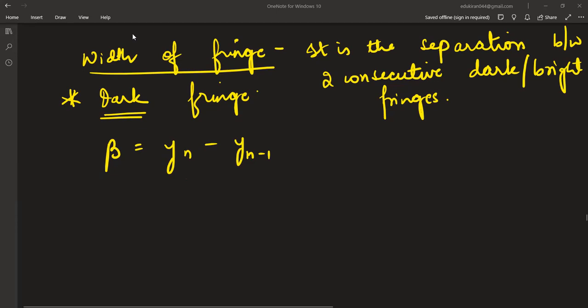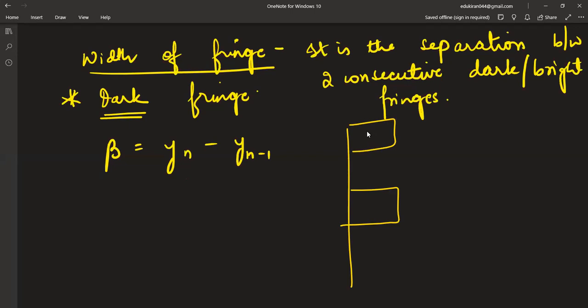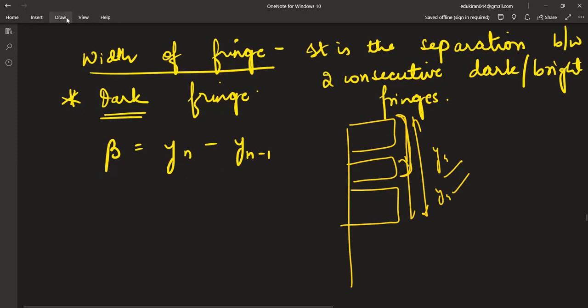Okay, so yes, the width of the fringe. It's the separation between two consecutive dark or bright fringes. So see class, if from the central bright fringe I have to find out this separation, let's say this is some bright fringe, I'll use yn. If I want to find out between these two, then I'll subtract these. That's what has been written: yn minus yn minus 1.